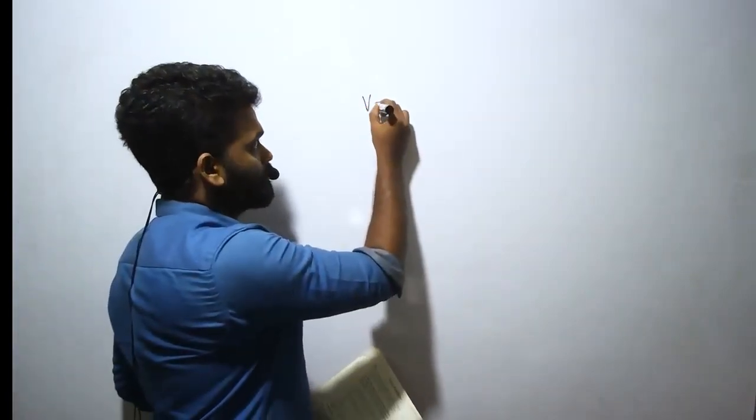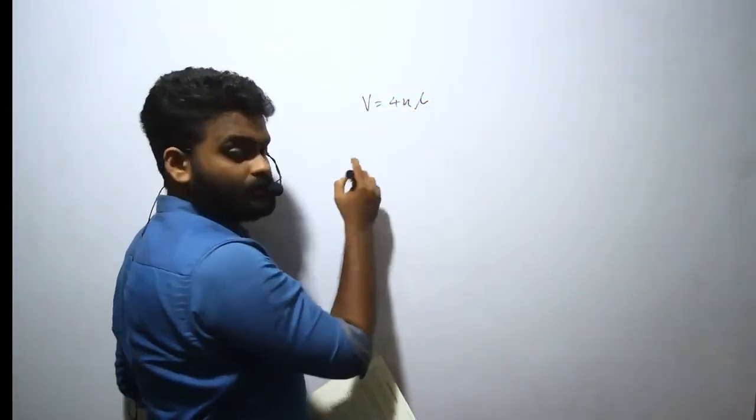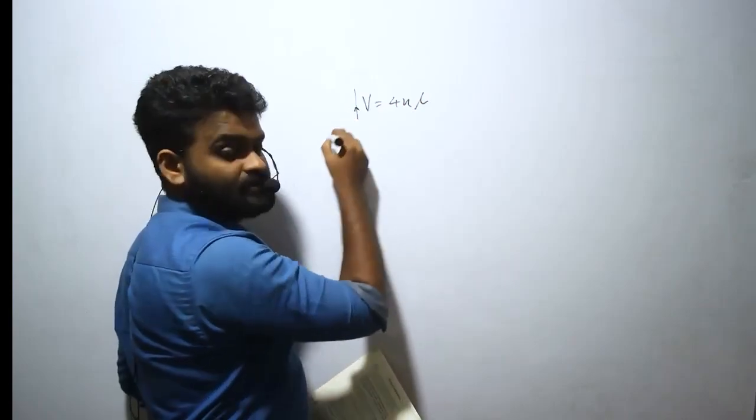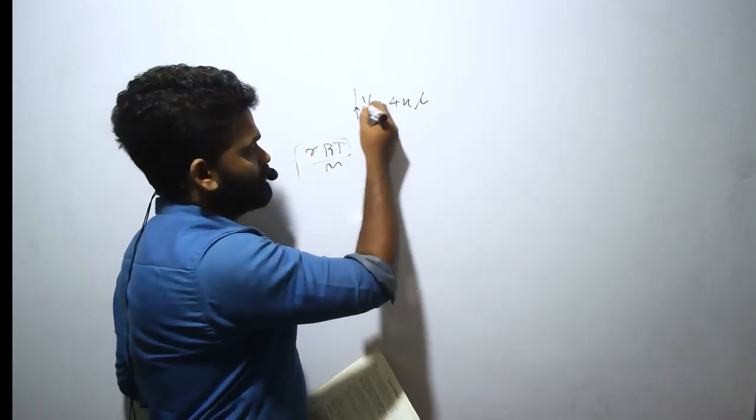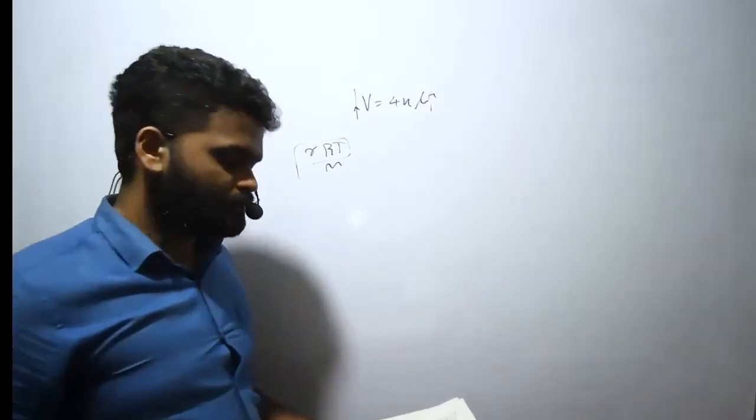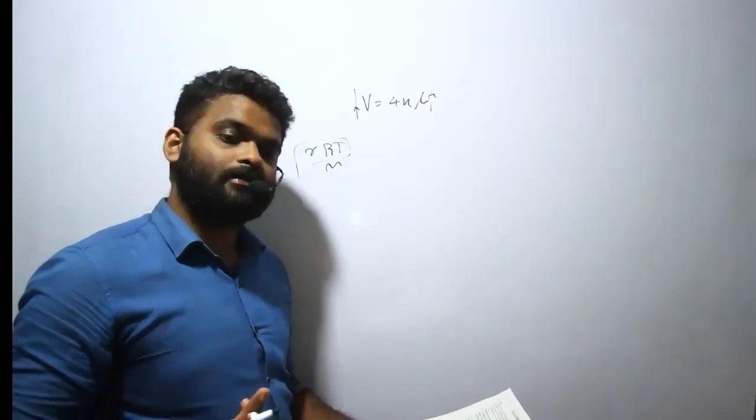If the room temperature increases, would you expect L to be greater than, equal to, or less than 35 centimeters? So if the room temperature is increased, V increases, right? Remember, V = root of gamma RT divided by capital M. So if V increases, L increases. You have to expect a slightly larger resonance length.